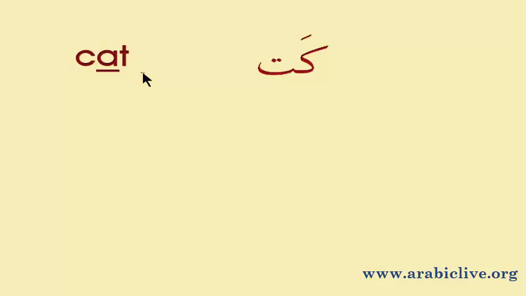It's actually just a stop on the T. So in this case, we would actually put a sukun there. Cat. If we gave it actually a mark, for example, the fatha, it'd be kata, or katu, or kati.